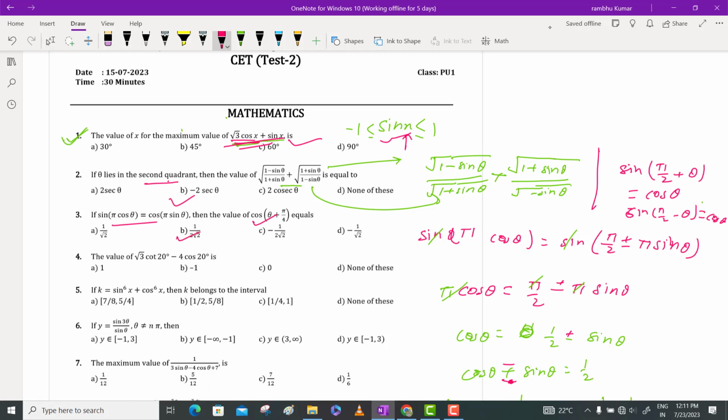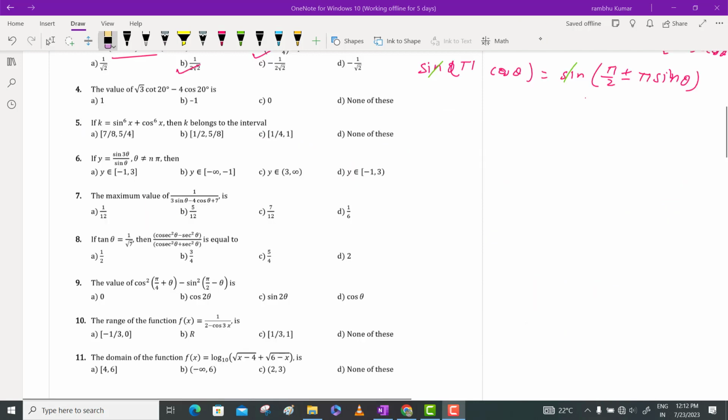Now let's move to the next question, question number 4. Okay, in this question we are given root 3 cot 20 degree minus 4 cos 20 degree. So this given expression we can write as root 3 cos 20 degree by sin 20 degree minus 4 cos 20 degree.